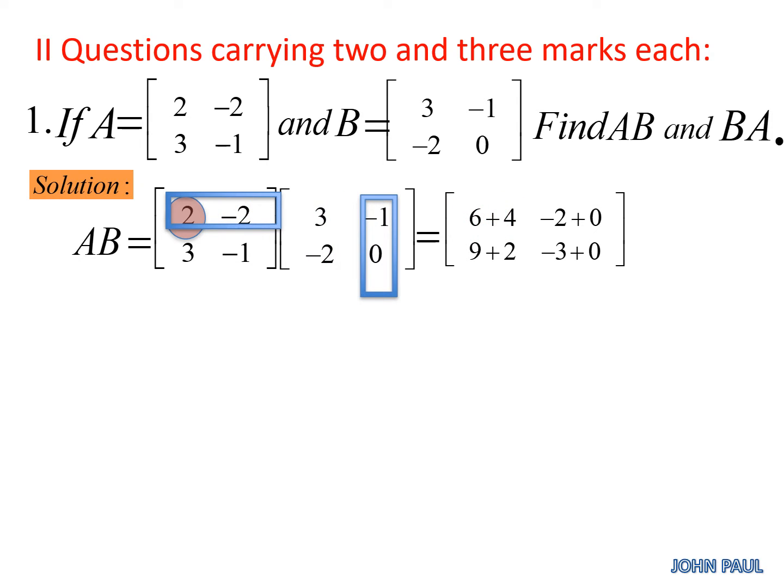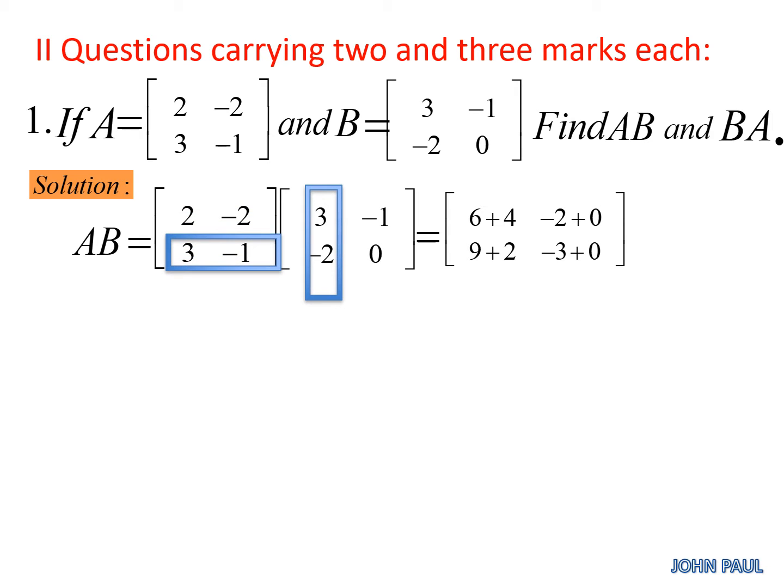We'll take the second column. We'll multiply 2 with minus 1, minus 2. Minus 2 into 0, 0. We'll take the second row and first column. 3 into 3, 9.